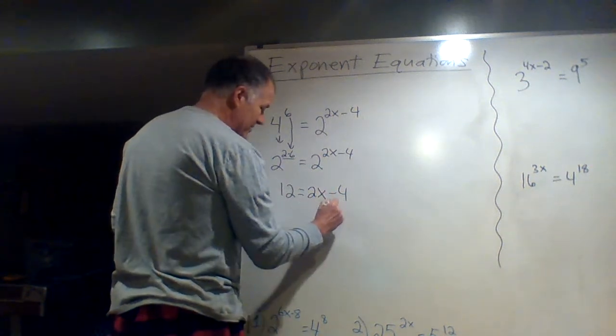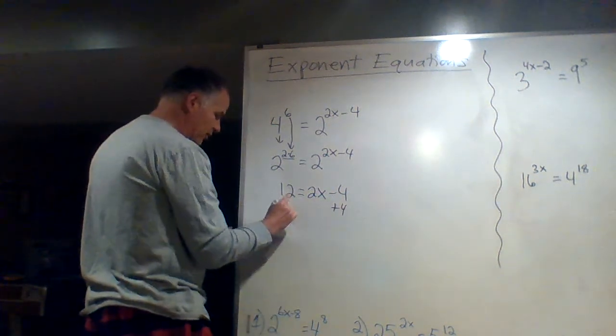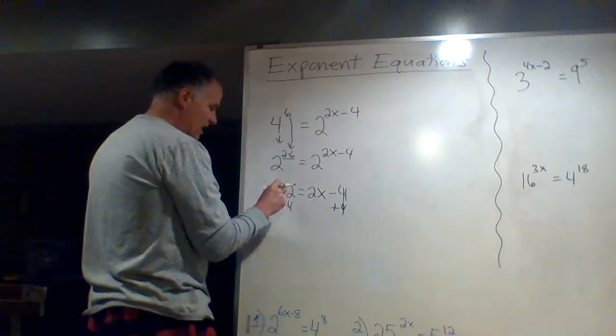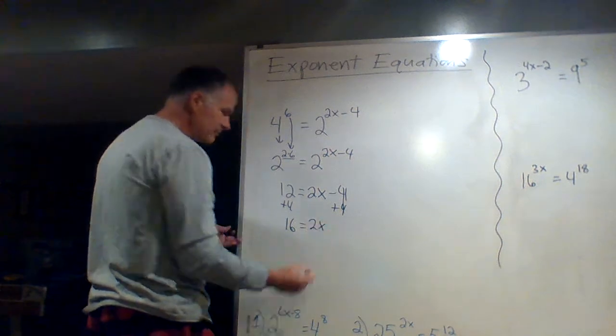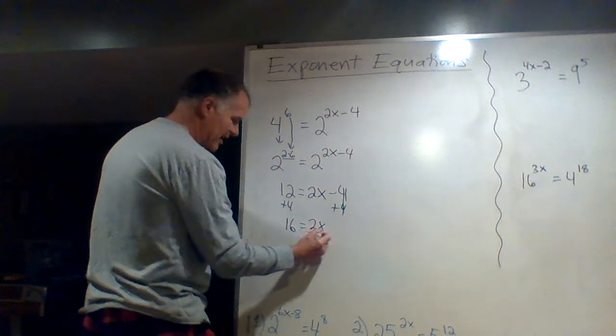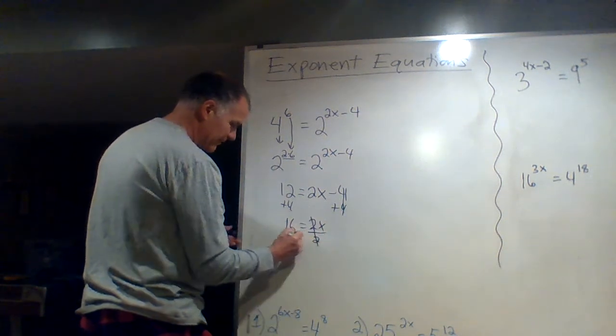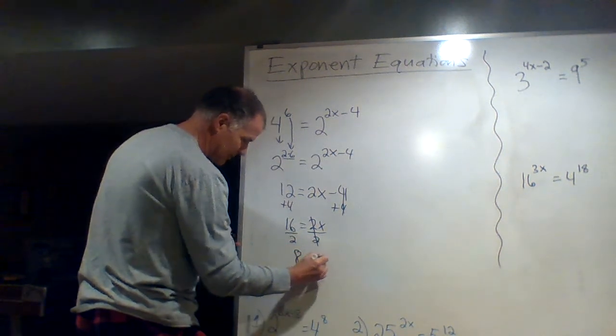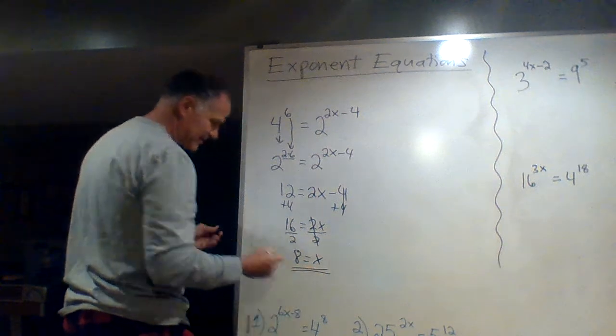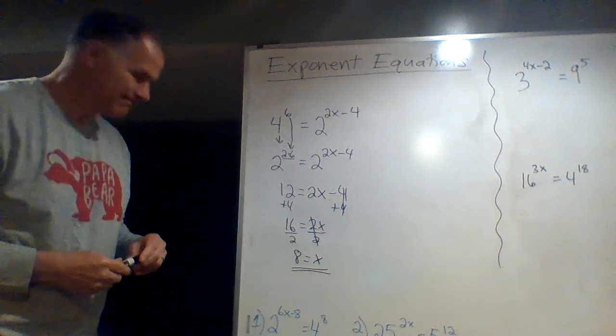Get rid of the minus with the plus, so plus 4. 12 plus 4 is 16. With my 2x, divide away the 2. 16 divided by 2. Boom. There's my answer. X is 8.